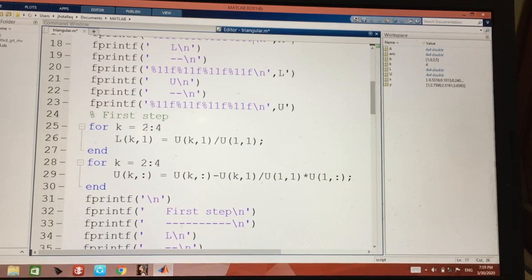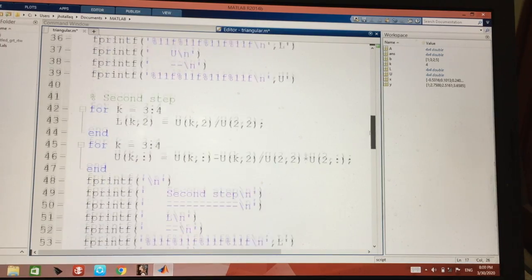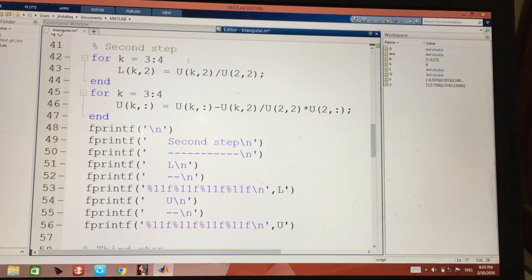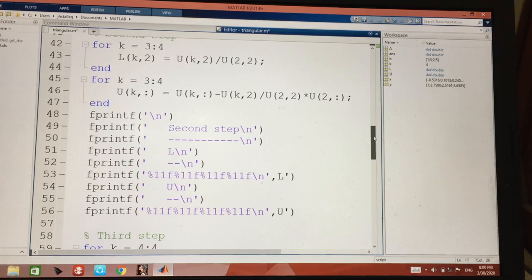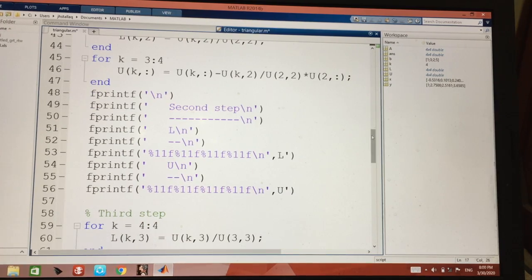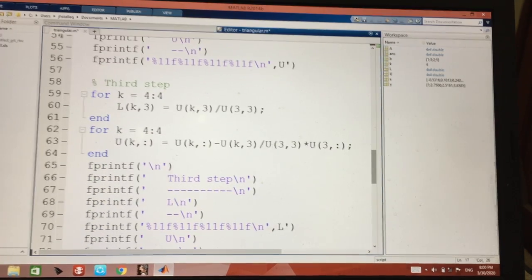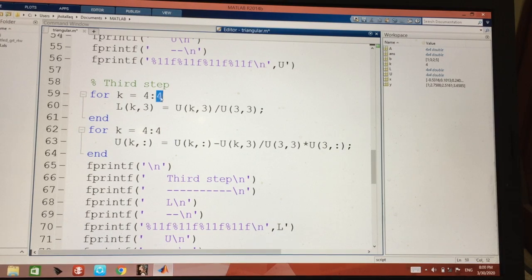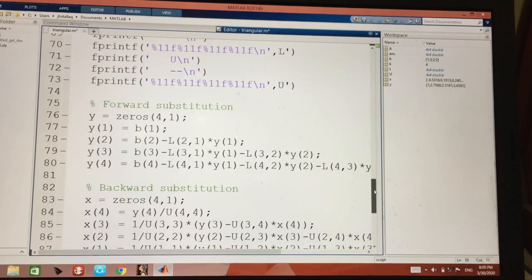And here then 2 to 5. Then if you go to the second step, 3 to 5, 3 to 5, and then you modify these ones also. Then the third step, 4 to 5, here 5, and the last step 5 to 5. You can practice that.